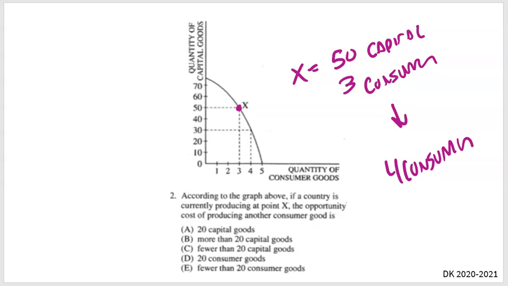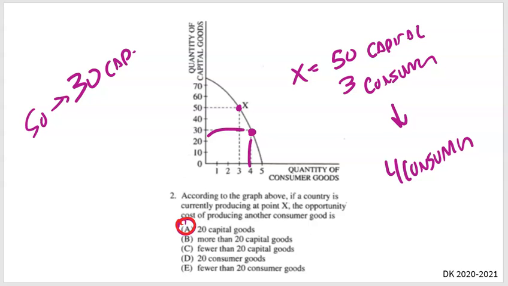How many capital goods are they giving up? Well, they used to be able to produce 50, but now, at 4 consumer goods, they're only producing 30 capital goods. So the opportunity cost is going to be the difference between 50 and 30, which is 20 capital goods, which is answer choice A.